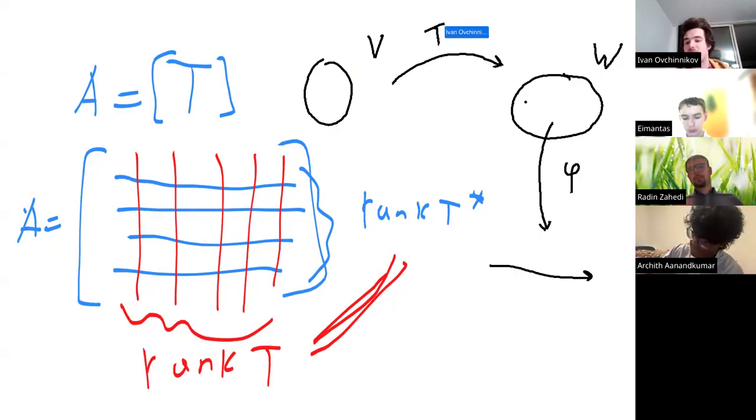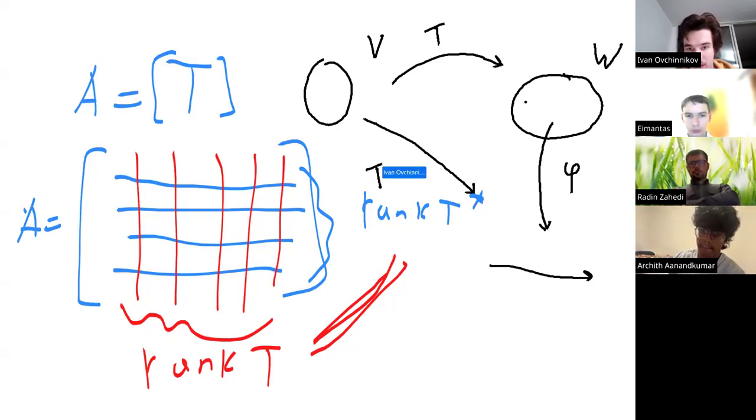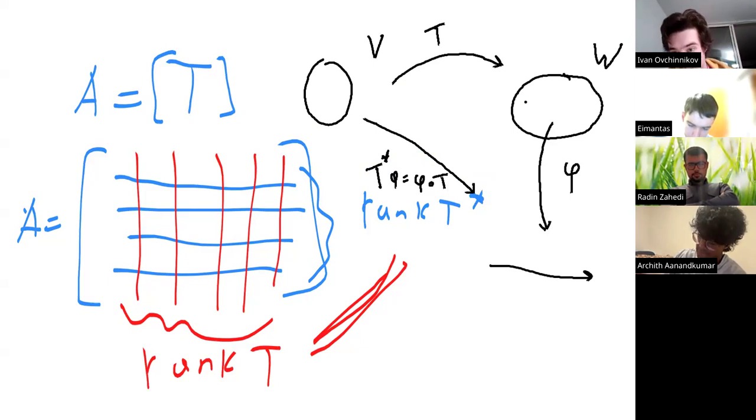And then we had a map on linear functionals, which would take a linear functional on W and turn it into a linear functional on V. So all it did is it would take phi and pre-compose it with T. So it would take phi and pull it back to start on V. Do you agree?